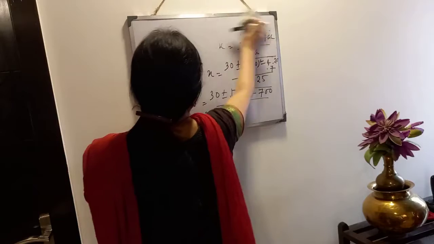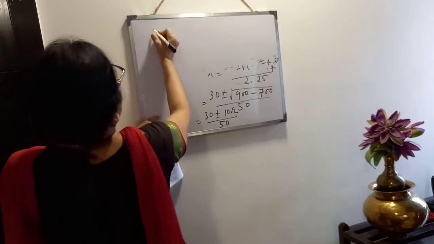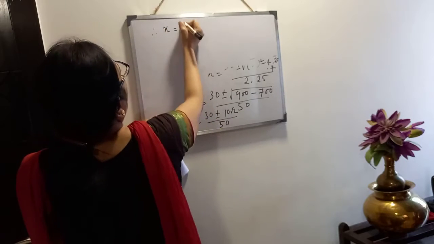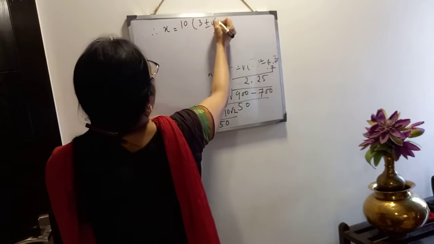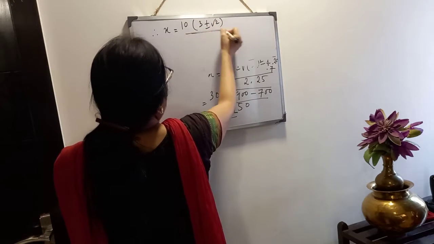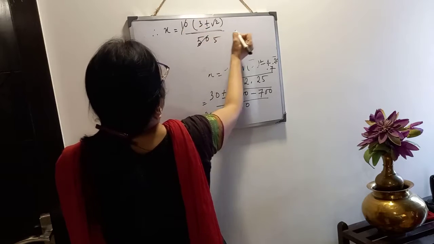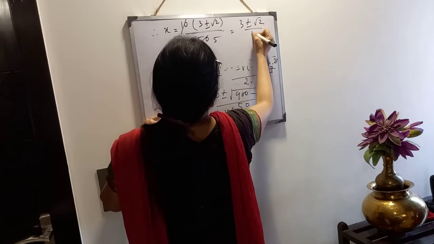Therefore, now I am taking 10 common. Take 10 common, so it is becoming 3 plus minus root over 2 by 50. Then 3 plus minus root over 2 by 5.